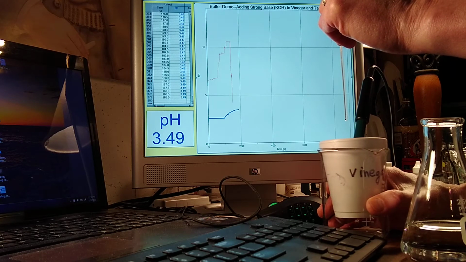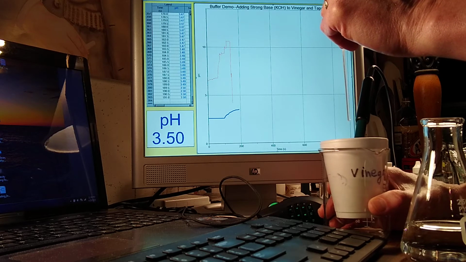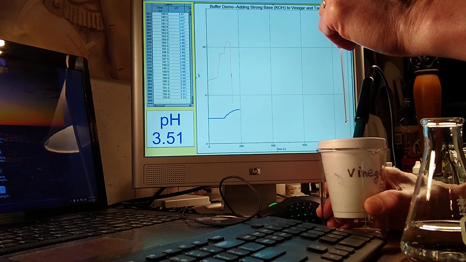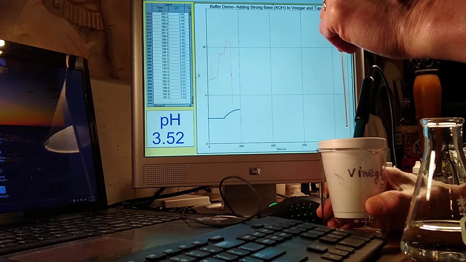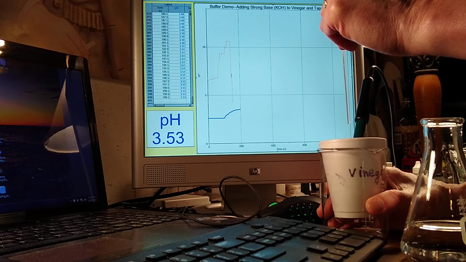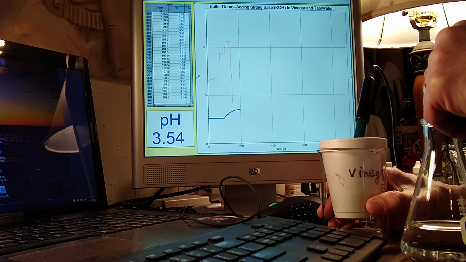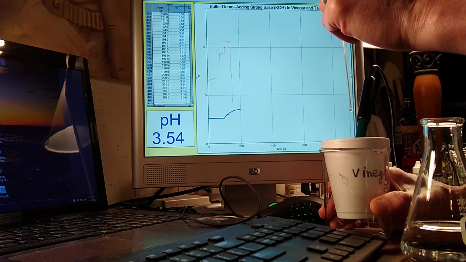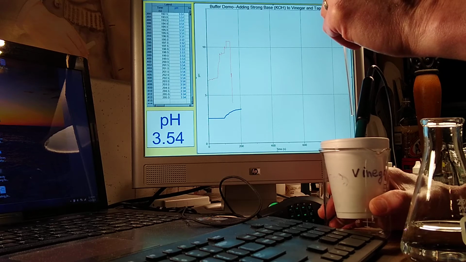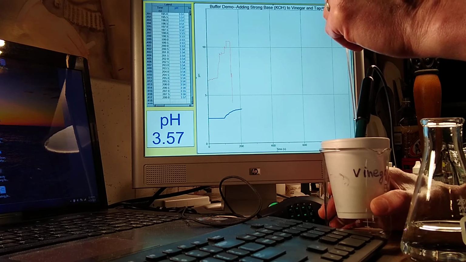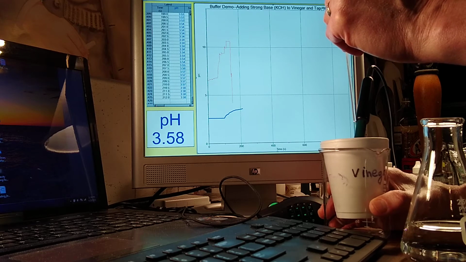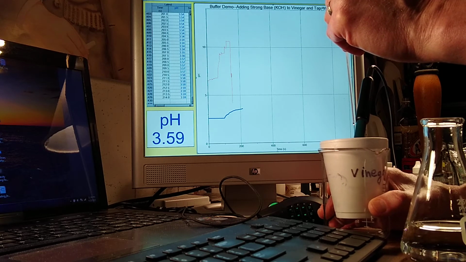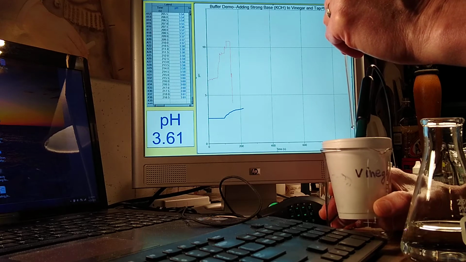Anyway, it's KOH aqueous plus HC2H3O2, which is the formula for acetic acid, would give me potassium acetate. It's the same reaction that we ran in the last lab where we were titrating vinegar. So I'm really doing the same reaction. I'm titrating vinegar, acetic acid, with KOH, but now I'm giving you a visual picture of the titration.